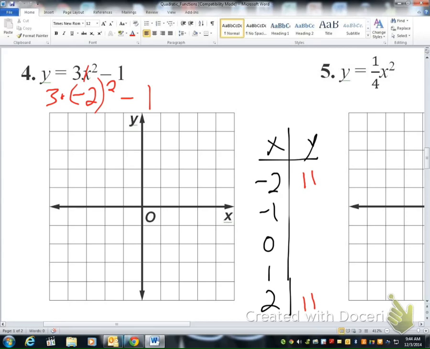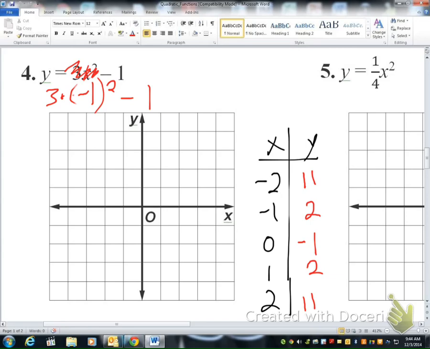All right. So, if I do -1, then I get -1 squared, which is 1 times 3, which is 3, and 3 minus 1 gives us 2. So that's 2, and that's 2. And then, of course, the last one is easy because that just makes that go away. If x is 0, then y is -1.